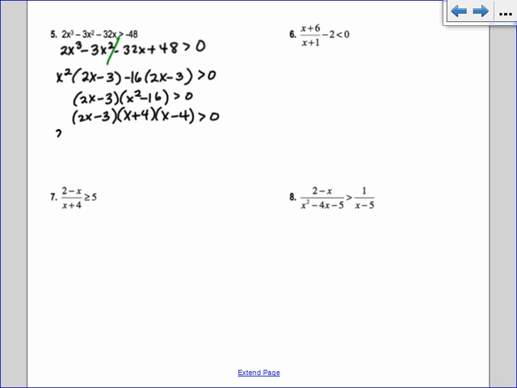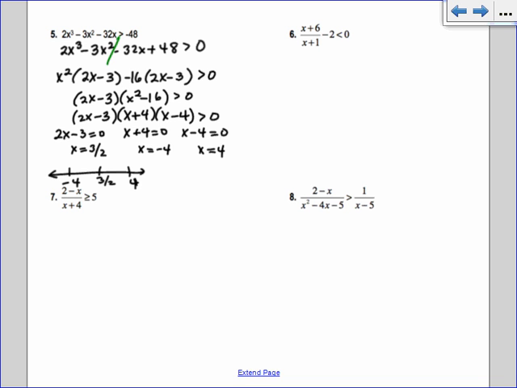And we set each one equal to 0 to find the critical values. So we have x equals 3 over 2, x equals negative 4, x equals 4. So we put negative 4 first, then 3 over 2, and then 4. Okay, so you could do the test points, right?